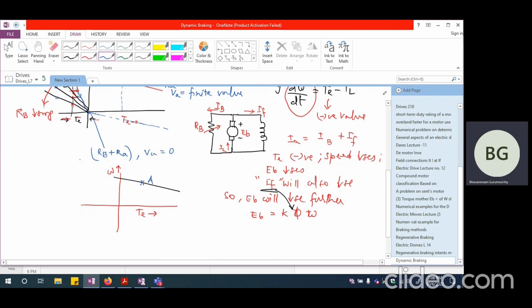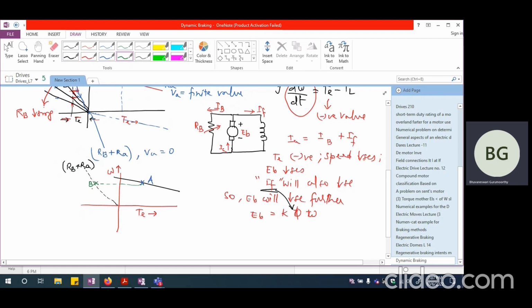Okay. So if I include a braking resistance, which is corresponding to some particular value, this is going to be RB plus RA put together. Now from this point, from A, it is going to move to point B. This is going to be the operating point now.